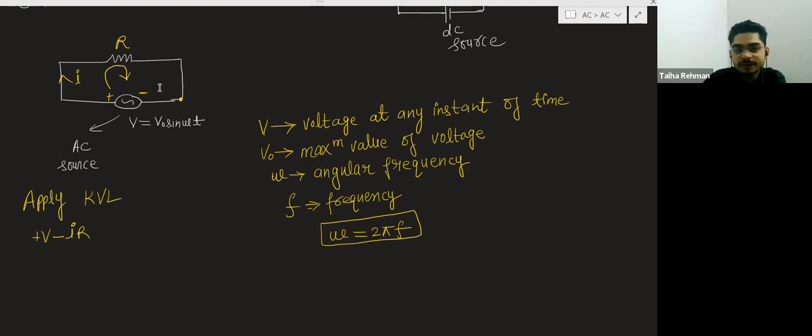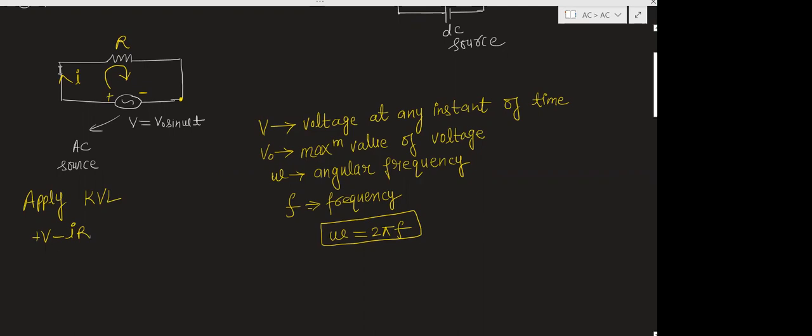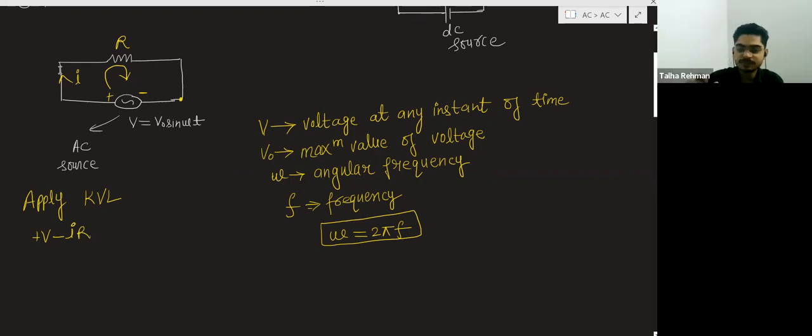Why am I taking it negative? Because we are moving in the direction of the current, and I have told you the direction of the current is the direction of decreasing potential. Current flows from higher potential to lower potential. So we are moving in the direction of decreasing potential. That is why I have taken a negative sign, and this whole is equal to 0.